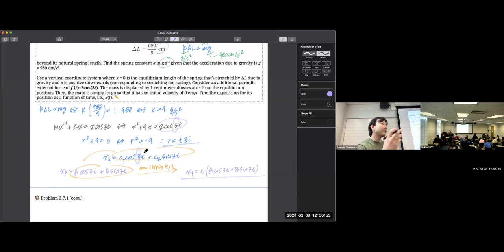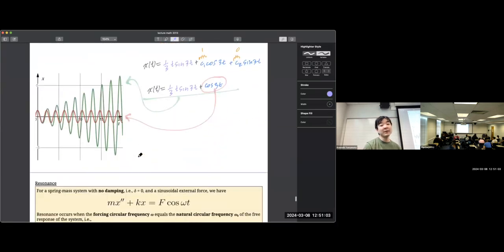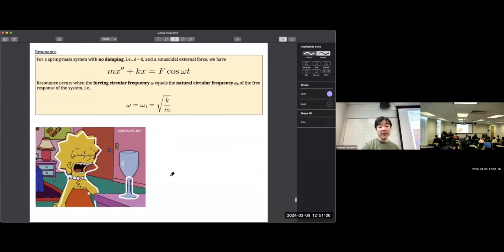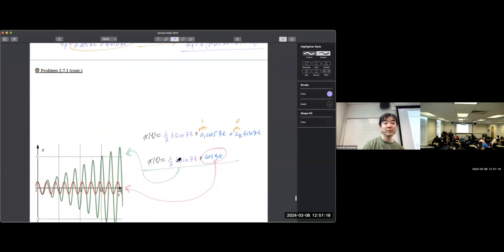When you vibrate at the same frequency as the natural frequency of the system, there's something called resonance that occurs, and that will cause it to vibrate larger and larger as time progresses. We'll talk about this idea of resonance more when we get back. But you see that because you have to multiply by t to your original particular solution, that causes a sinusoidal solution with a much higher amplitude as time goes on.